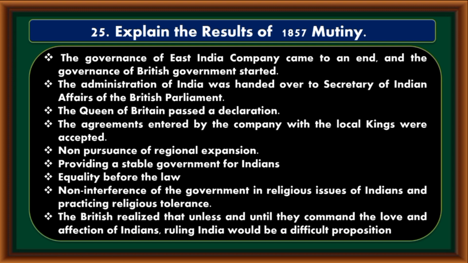Non-pursuance of regional expansion. Providing a stable government for Indians. Equality before the law. Non-interference of the government in religious issues of Indians and practicing religious tolerance. The British realized that unless they command the love and affection of Indians, ruling India would be a difficult proposition.